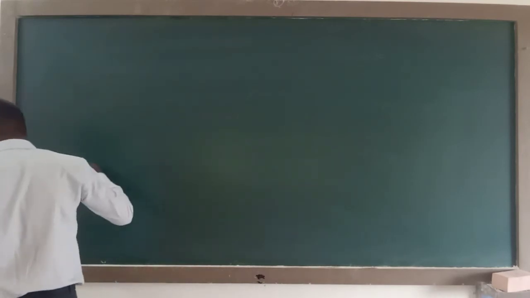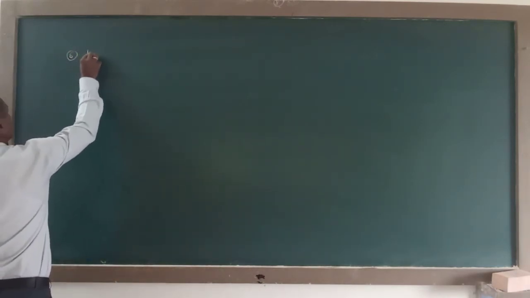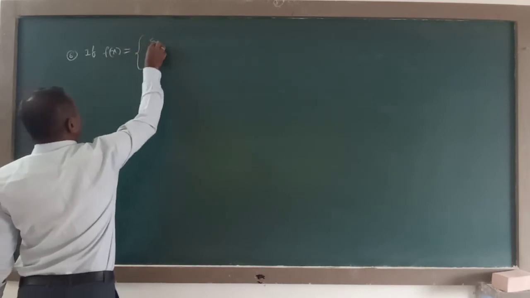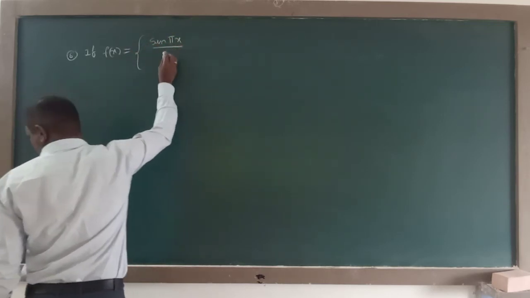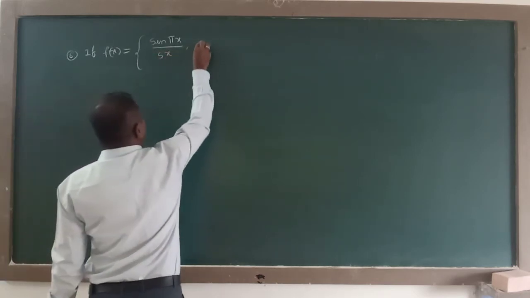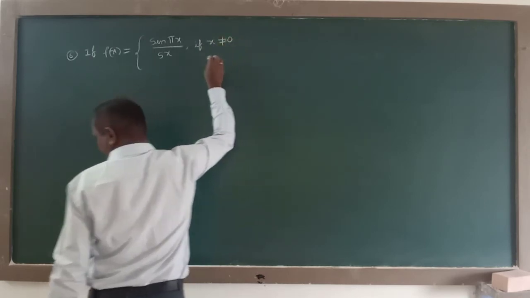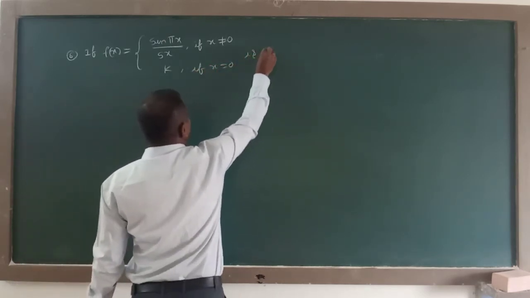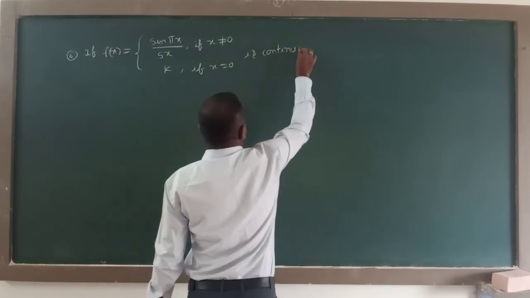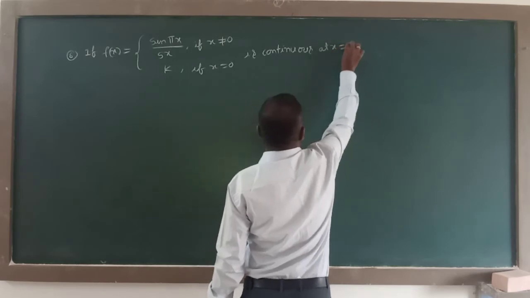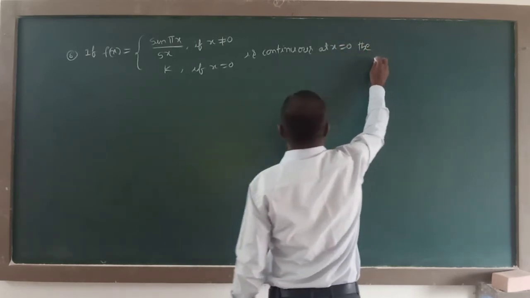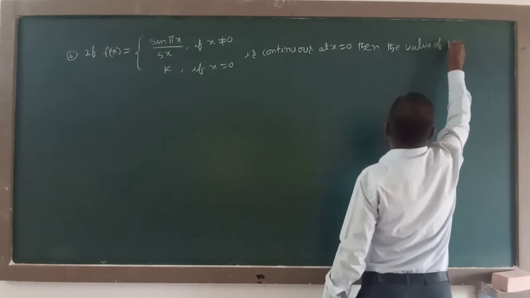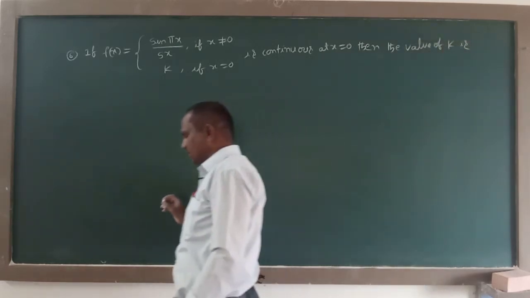Next question. If f of x is equal to sine pi x whole divided by 5x, if x is not equal to 0, and k, if x is equal to 0, is continuous at x is equal to 0, then the value of k is, for this they gave some options here.